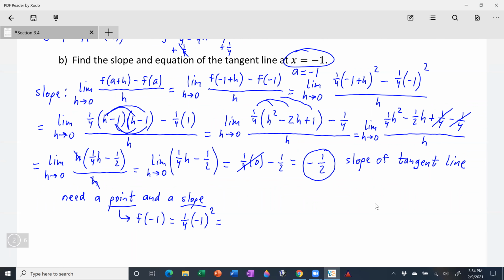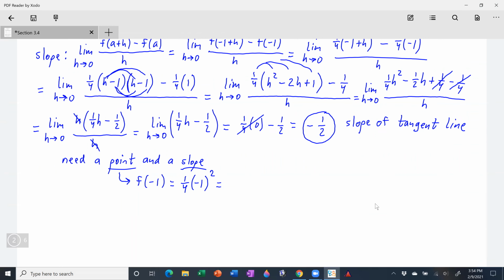So you know what the whole x comma y point is. We already had this one from before, but this is 1/4 times positive 1, which is 1/4. And so we do have a point of negative 1 comma 1/4. So this is the location where the tangent line is going to just touch the graph.